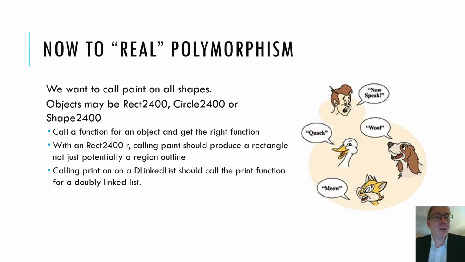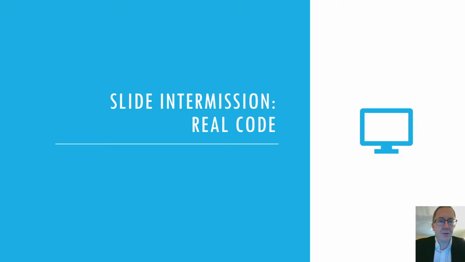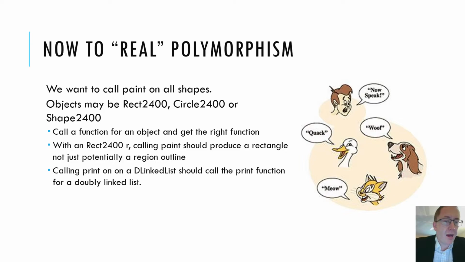Let's have a look at the rectangle class again. We're going to look at real code in a second. When I talk about printing off a doubly linked list, I would expect that when I call print on it, I get the doubly linked list's version of printing something out, not the linked list's version.